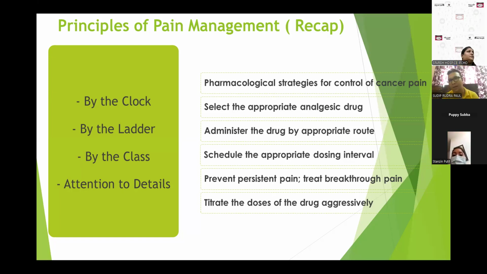Next, by the class. Whatever the WHO analgesic ladder steps we are using, it should be used accordingly, and the same class of drug should not be repeated many a time. Then attention to the details. Whenever we take any kind of information from the patient, we should try to listen to them because they must have some problem.